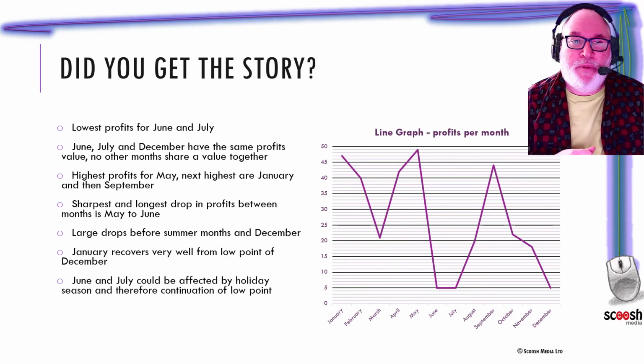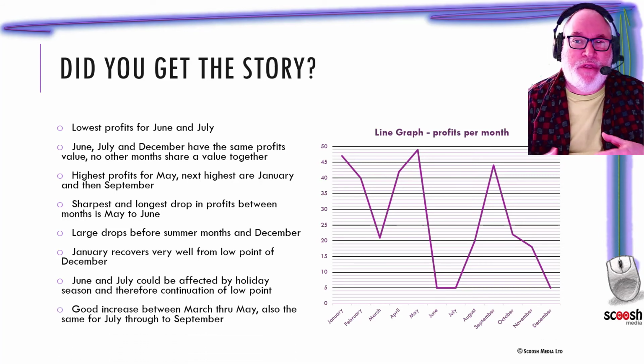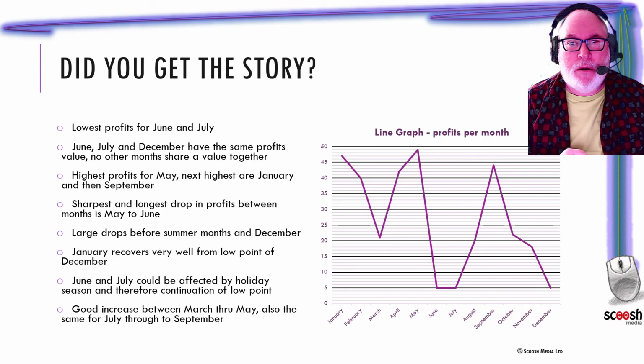June, July could be affected by holiday season, therefore a continuation of the low point. So then you start to assume and think about what is going wrong. There's a good increase between March through May. Also the same for July through September. We can also deduce that between March and April we're doing very well to hit the heights. So there's the story.